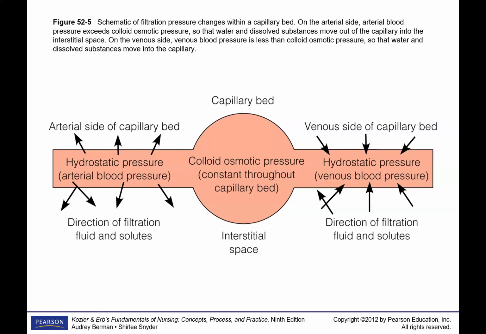Therefore, the colloid osmotic pressure, the pulling force, pulls in those waste products. It pulls in the things that we need in the venous side so that it can be filtered out. So on the venous side, the colloid osmotic pressure is higher than the hydrostatic pressure.